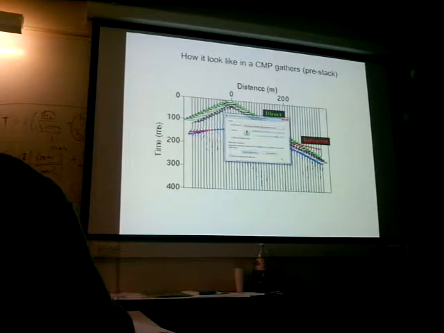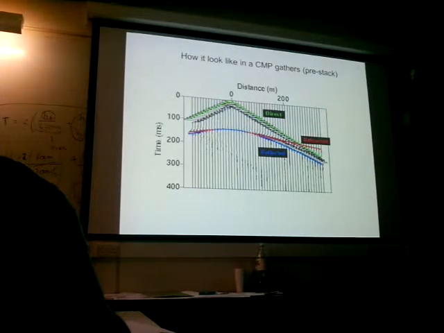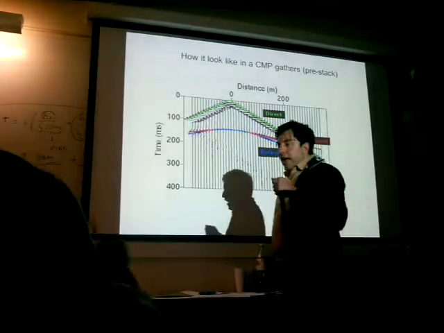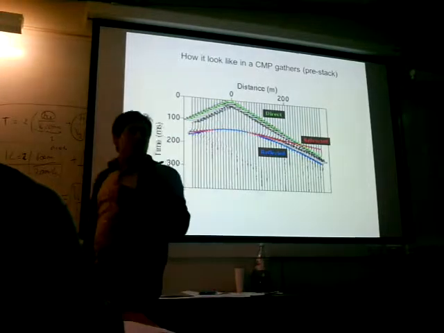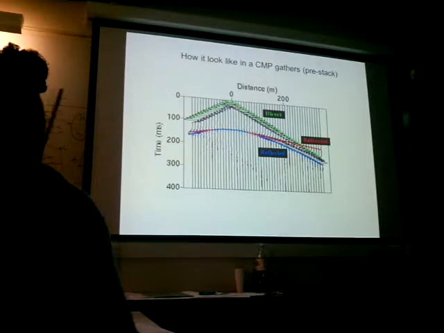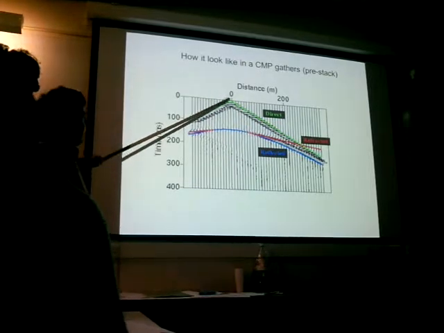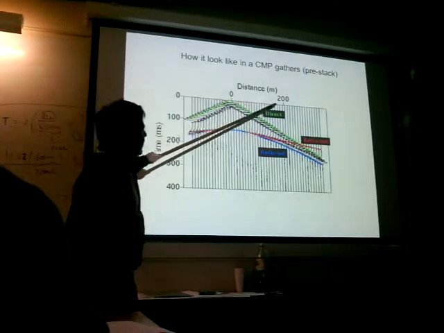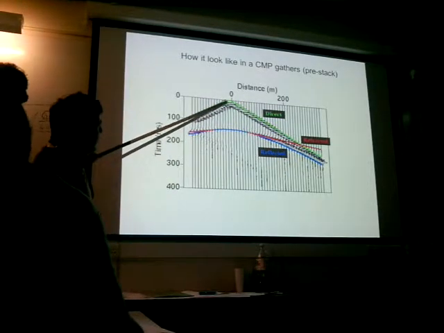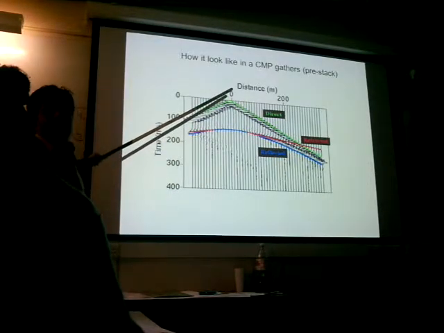This is forward modeling I did using very simple parameters, in which you have a velocity of a layer, and I'm simulating what you expect to see at various traces far from the source, the distance of the geophone. Those are the traces that you should expect to see in a pre-stack shot gather.